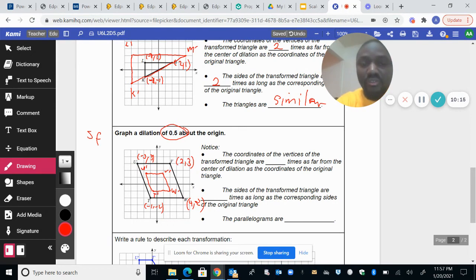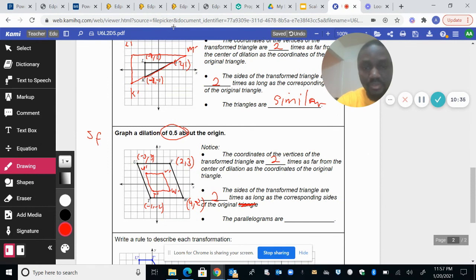So the coordinates of the vertices of the transformed figure are half as far from the center of dilation, and the sides of the transformed figure are half as long as the corresponding sides of the original figure, the parallelogram.